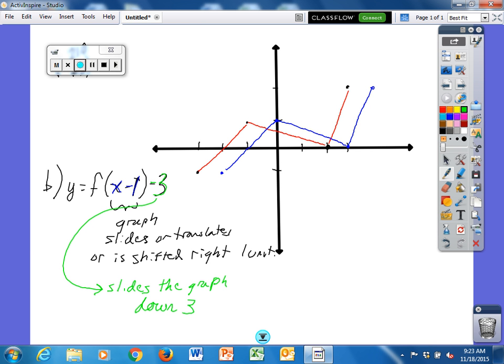When you do something just to x before you apply function operations, it sort of has the opposite of what it looks like. All right, so you take these points now and you move them down 3 units. So this one might be kind of down here. This moves 1, 2, 3 kind of here.